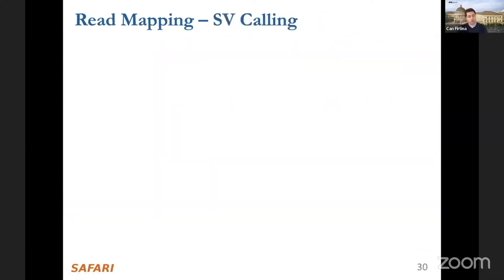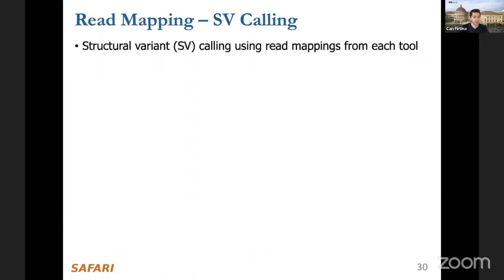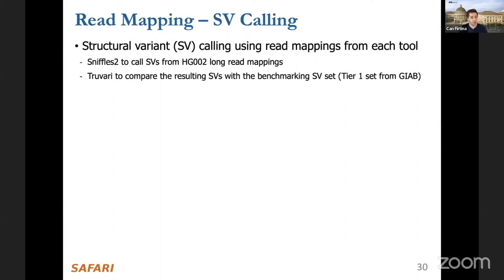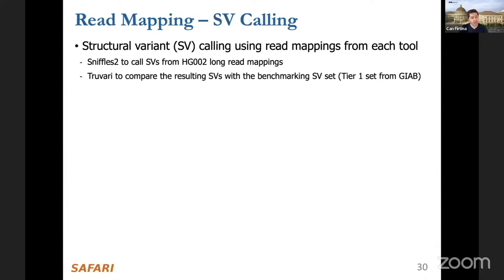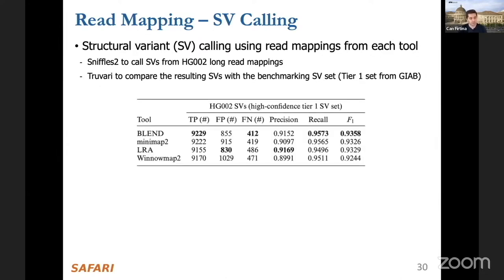We also do structural variant calling using the read mapping results that we generate using Blend and Minimap2. What we do is use Sniffles2 to call the SVs from HG002 long read mappings, and we use Truvari to compare the resulting SVs with the benchmarking SV set, which is the tier 1 set from the Genome in a Bottle benchmarking suite.